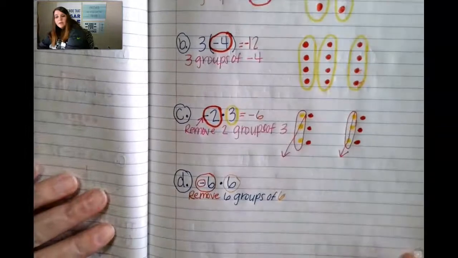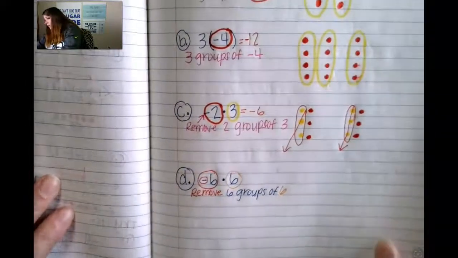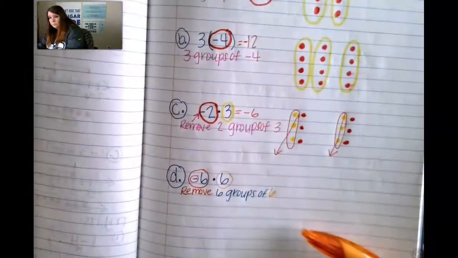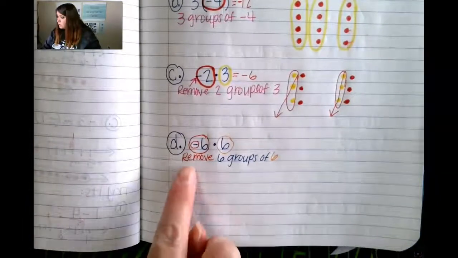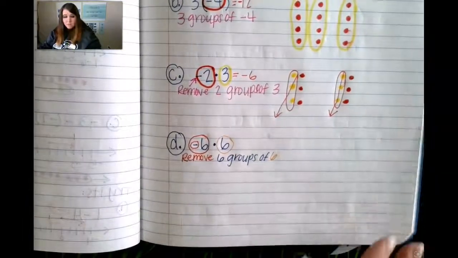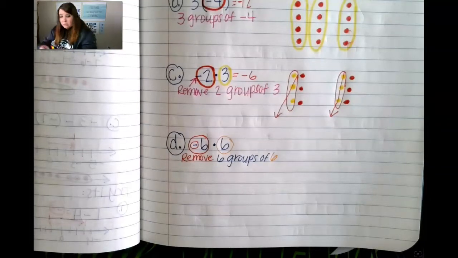Okay, so now we're going to go ahead and we're going to make 6 groups of 6. And I will do that right down here so we have a lot of space to work. Okay, so remember, I have nothing on my board to remove, so I need to make the possibility or create the possibility so that I have something to remove.